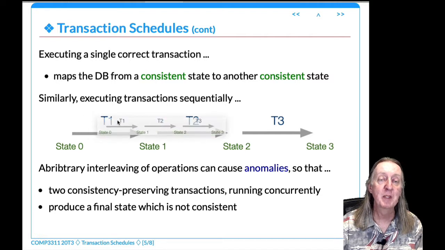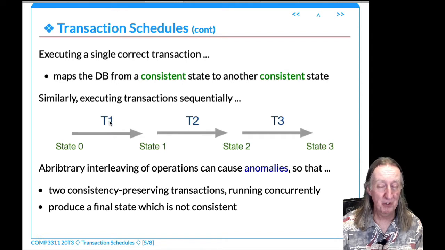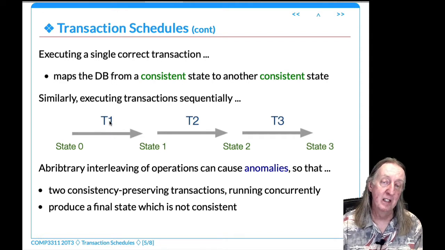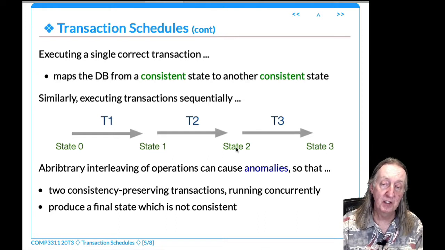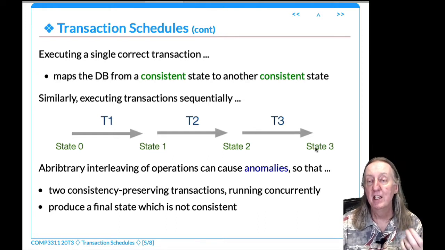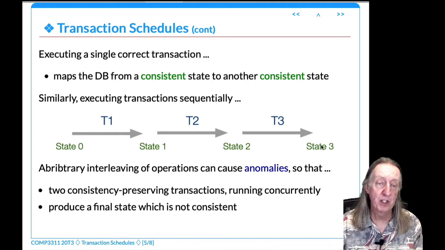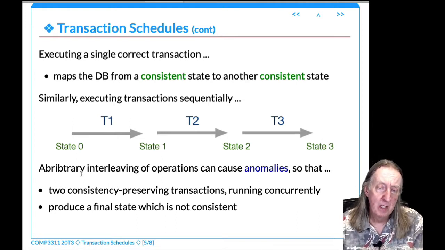This is assuming that T1 is a valid transaction, so it's actually doing the right thing and updating the database appropriately. So we've ended up in a consistent state, then we run T2, we end up in a new consistent state, we run T3, and we end up in a new state which is also consistent.